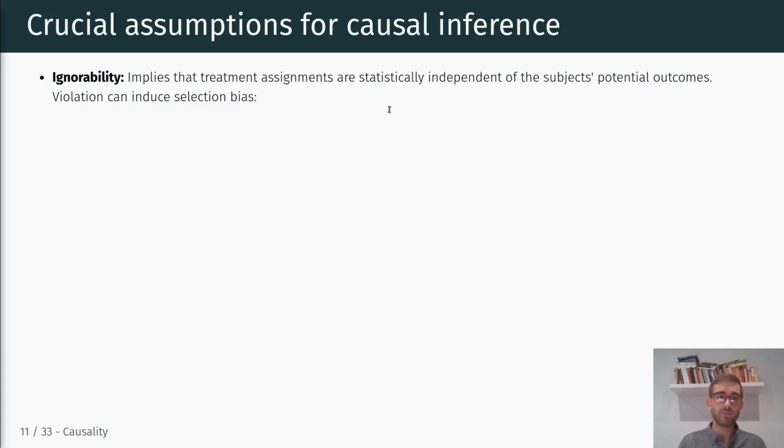Its violation can ultimately induce what is often called selection bias. In general, ignorability is guaranteed with random assignment, right? So this is one really important feature of random assignment.